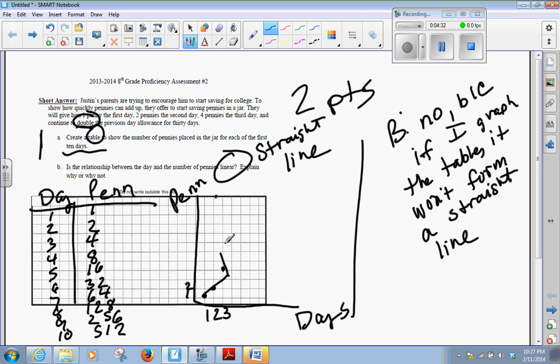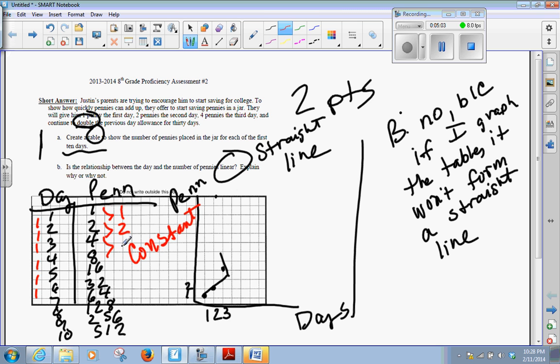Also for B, remember that when you have values in a table, you don't even have to graph them to see whether or not they're linear. You can just look at the rate of change. And remember that if it's a constant rate of change, then it's linear. So all of your x's are going up by 1 every time, because every day is going up by 1. From 1 to 2, it goes up 1. Then from 2 to 4, it goes up 2.